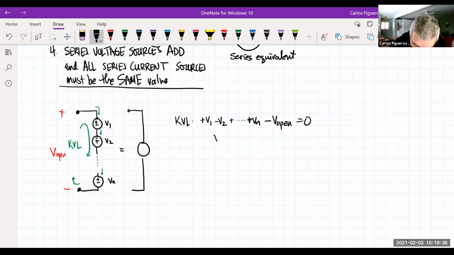In other words, V open is the sum of all of these voltages: V1 minus V2 plus Vn. So if I define the polarity of this source, I get V open right here. So voltages in series add together.